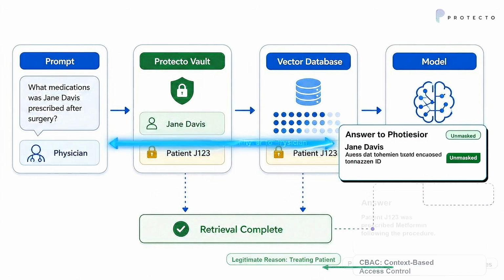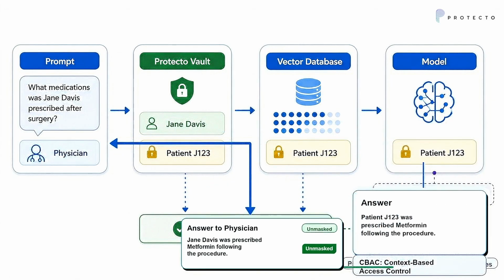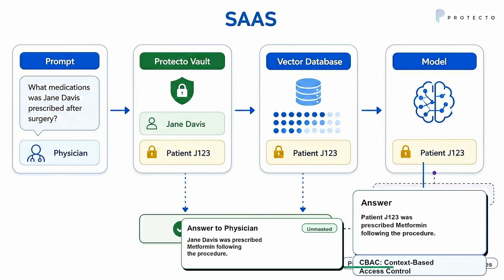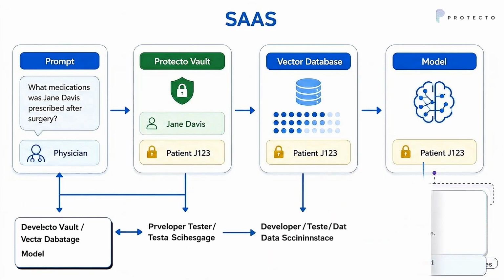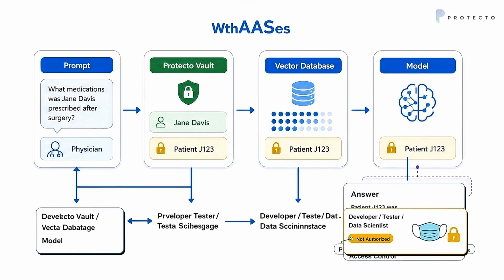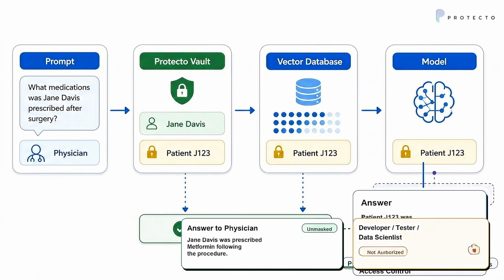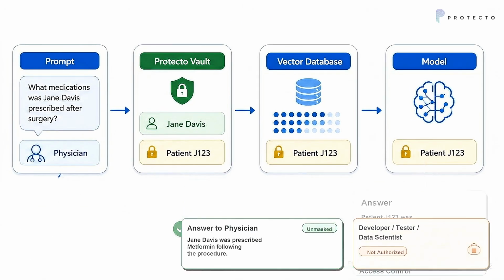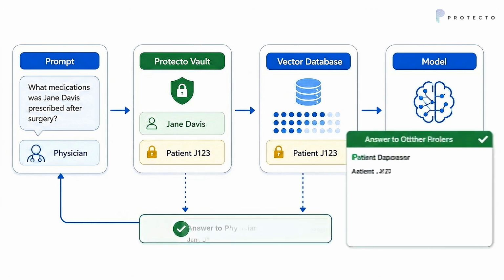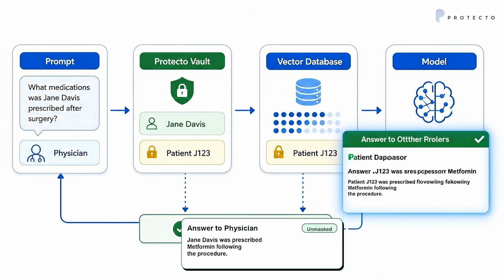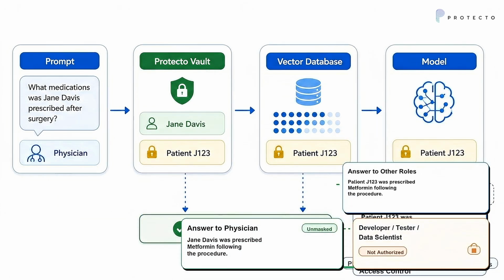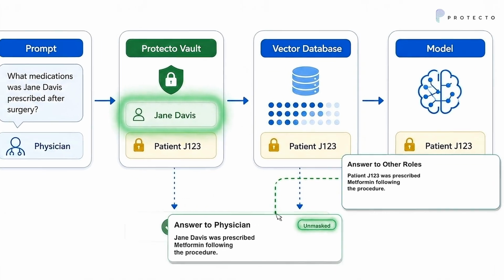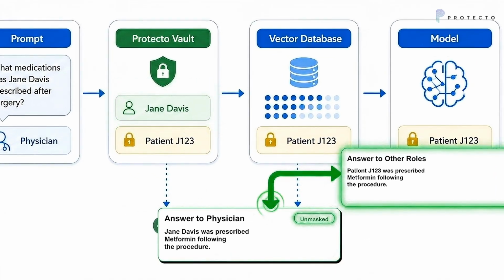Patient J123 becomes Jane Davis again, and the physician gets the complete answer. If it's a developer, a tester, a data scientist, or anyone without that authorization, nothing gets unmasked. They get the identical clinical answer: metformin, the procedure, the timing, just without a name attached to it. Same information. Only one of those two people ever sees who it belongs to.